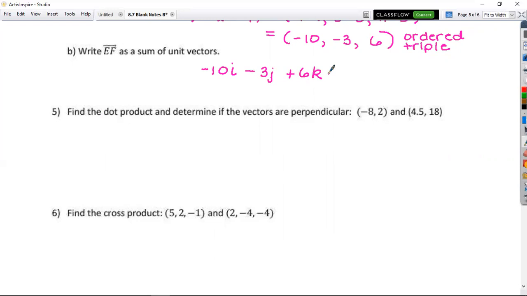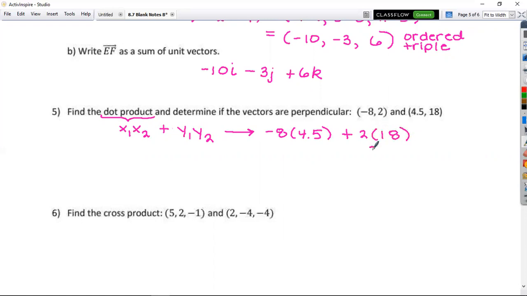So number 5 says to find the dot product and determine if the vectors are perpendicular. So this is another formula. So formula for your dot product. And anytime you're testing perpendicular is x1, x2 plus y1, y2. So this is going to bring us to -8 times 4.5 plus 2 times 18.